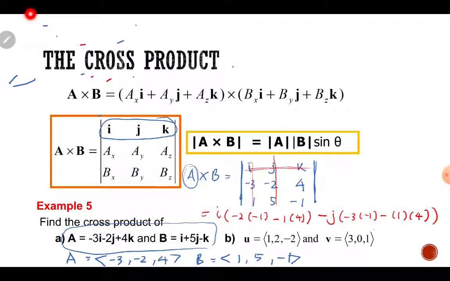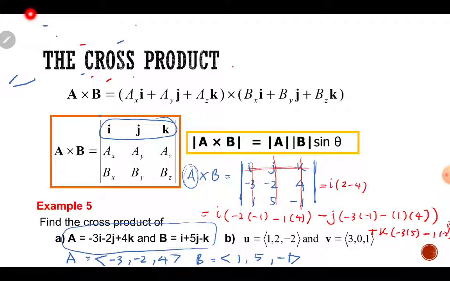And then finally plus with k. So k this time third row kita ni. So we have negative 3 darab dengan 5 tolak dengan 1 darab dengan negative 2. So jawapan yang ni kita akan dapat i, our vector i is 2 tolak 4.